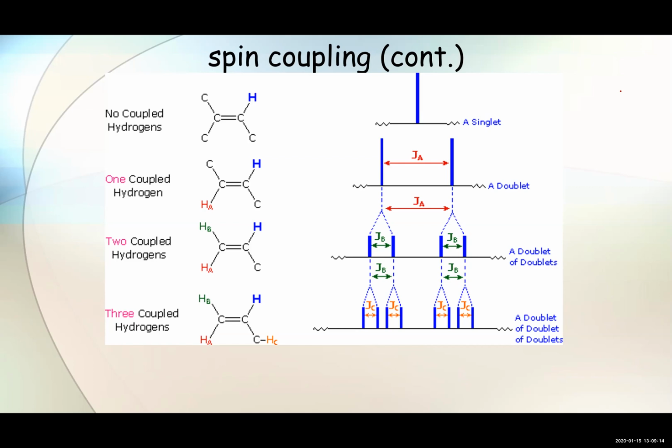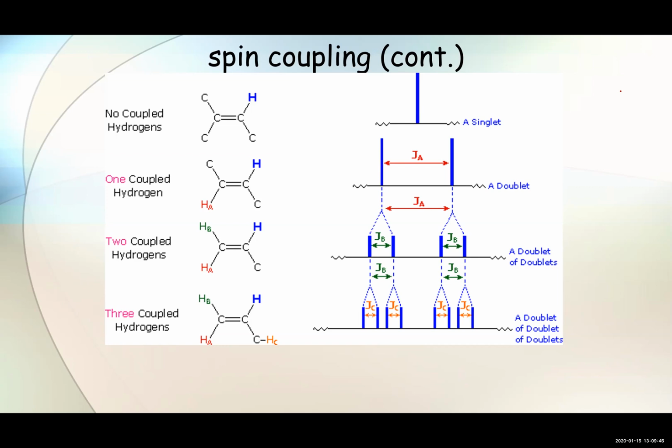So when you're looking at a double bond, a couple pieces of information will come out. You'll get the coupling constants between the adjacent hydrogens. That's these guys, H and HB. And then you'll also get the coupling constants for the ones that are across the double bond, like this. If it turns out you have one here, you'll notice JC, this coupling constant is usually the weakest.